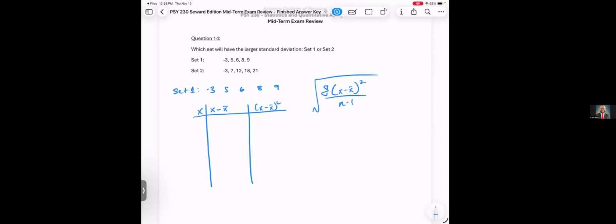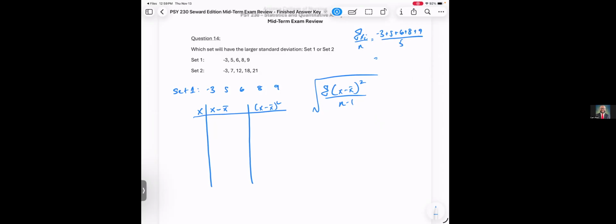So I have to calculate what my mean is. Up here in the top right hand corner, I'm going to do this work on the mean. I'm going to say -3 plus 5 plus 6 plus 8 plus 9, all divided by 5.